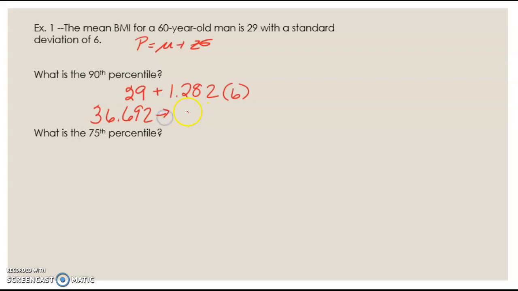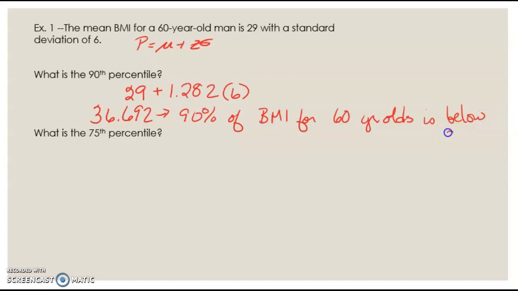So what that means is 90% of the BMI for 60-year-olds is below that 36.692.